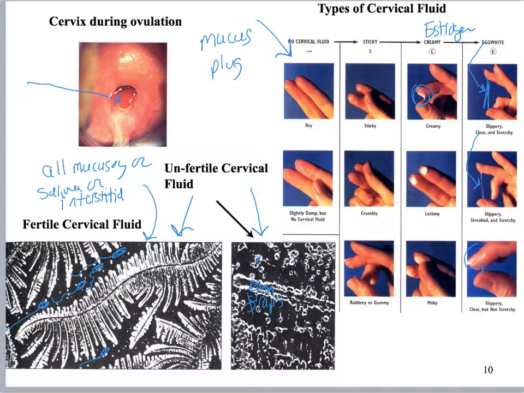You could get this in your synovial fluid. You can get it any of these fluids. And the estrogen causes this ferning pattern to occur. And it's really, really cool. And you can go to Walgreens and buy a kit that has these little microscope things on it, where you put your saliva, let it dry, and then you can see the ferning pattern to predict ovulation, okay?